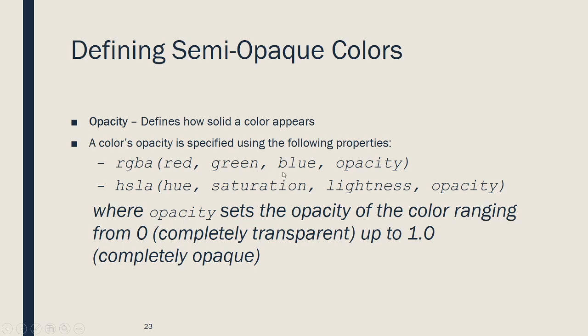The red, green, and blue are the first three, and the last one is the opacity. And the opacity will set the color ranging from 0, that is completely transparent, up to 1.0, which is completely opaque. And for HSLA, we have four parameters: the hue, saturation, lightness, and the last one is the opacity.